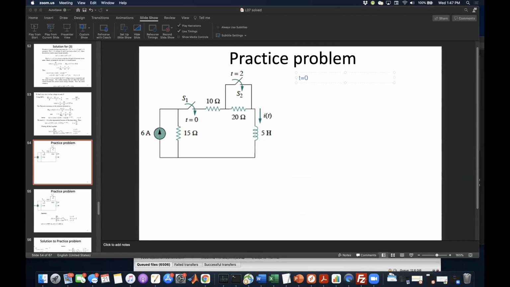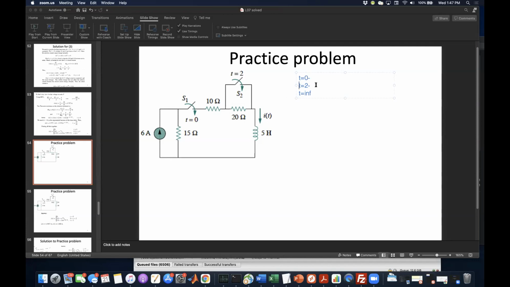Okay, so we're going to need to solve this circuit at multiple time points. Basically, you have the first switch that occurs at time 0, and we need to know what the value of the inductor current is right before that first switch flipped.